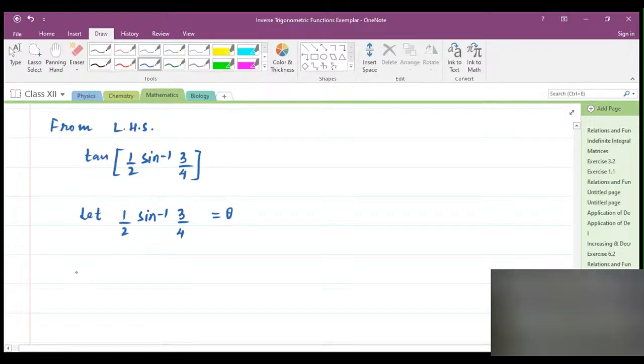So the next step here will be sine inverse 3 by 4 equal to 2 theta.